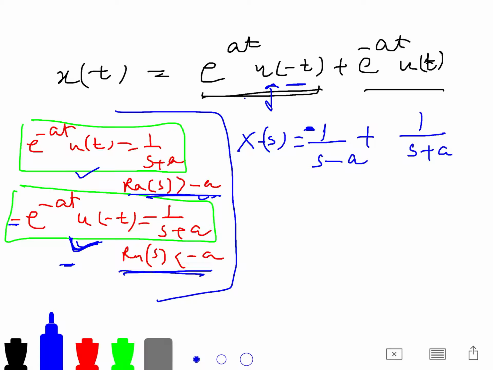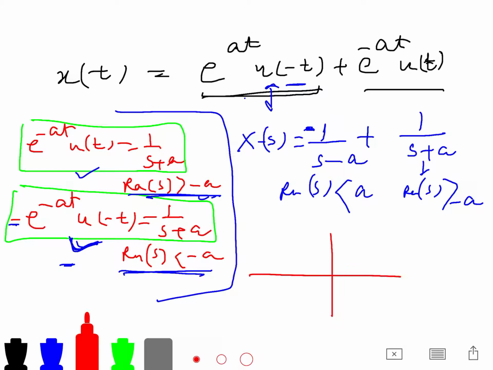When you have to draw the ROC for the given function, for the first term the real part of s is less than a, and for the second the ROC will be the real part of s greater than minus a. So draw the s plane first. This is your s plane.